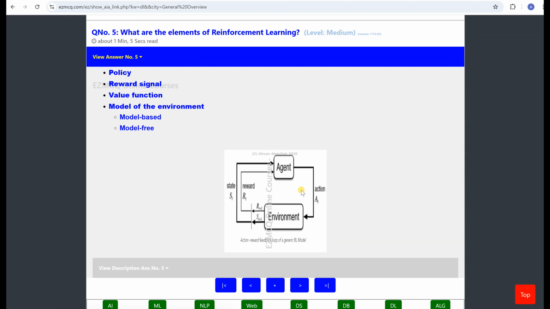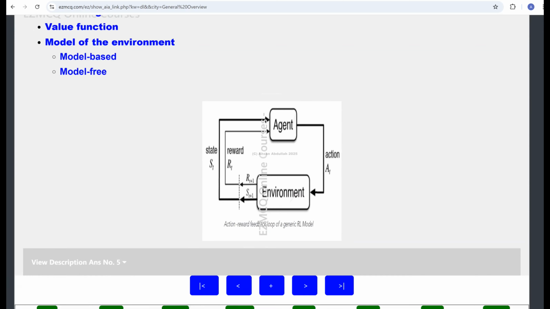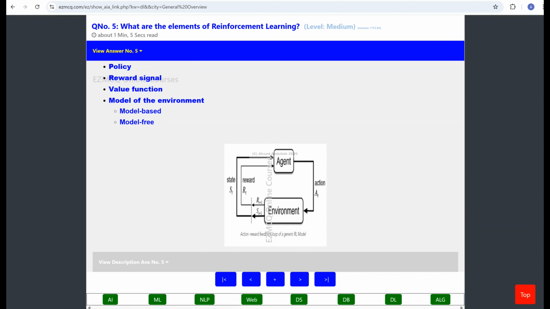This policy guides decision making, which means determining which actions to take in a certain situation. The objective of the agent is to maximize the cumulative reward over a period of time. Policies can be deterministic, that is, they get repeated, or stochastic, so probabilistic. We'll cover more of this in the subsequent parts of this course.